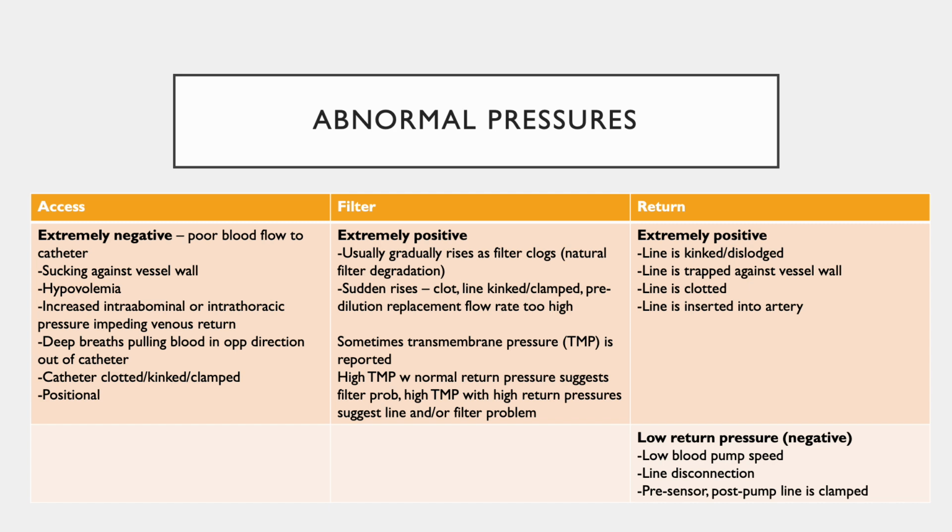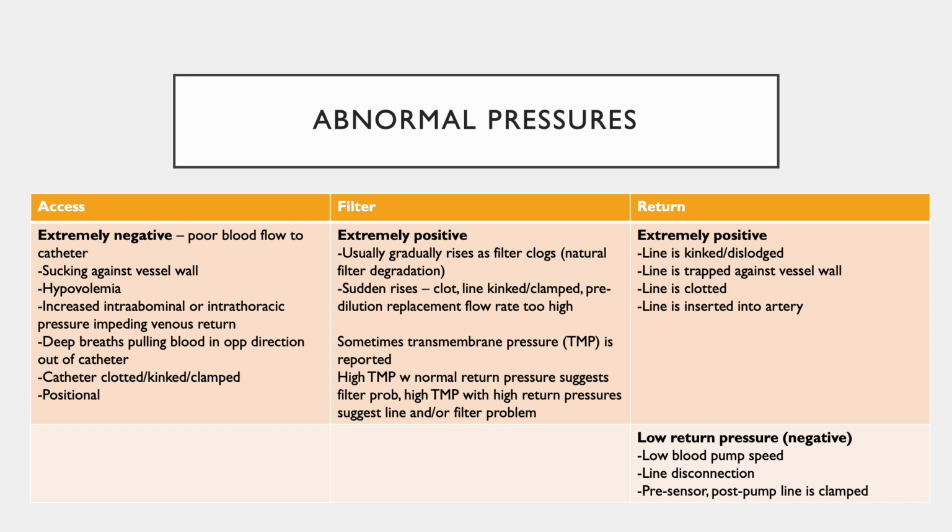And sometimes it could be due to positional reasons. In terms of the filter pressure, it can become very positive as the filter gradually clogs up, or if it clots, or sometimes if there's a problem in terms of the line being kinked or clamped. We'll talk about transmembrane pressure in the subsequent slide.